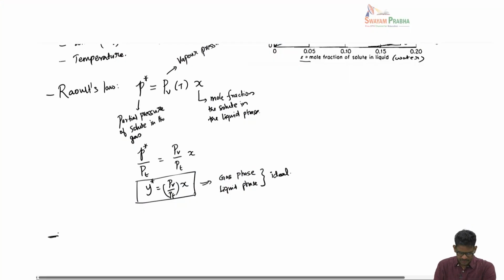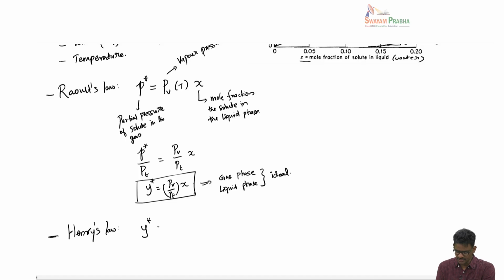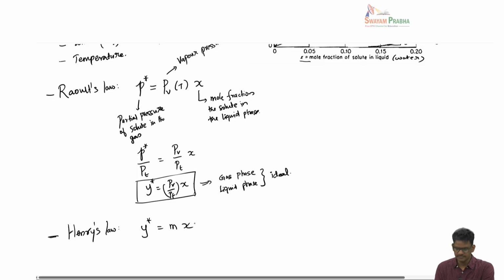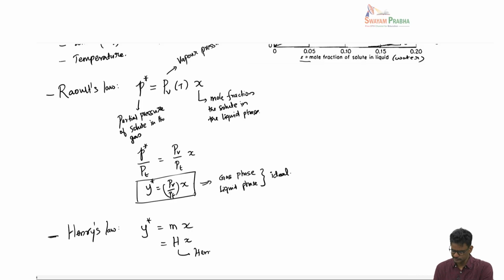So, inspired by the form of Raoult's law, which says y is proportional to x, another law is very famously known, this Henry's law, defined as y star equal to m x. Sometimes we write this as H x, where this is the Henry's constant.